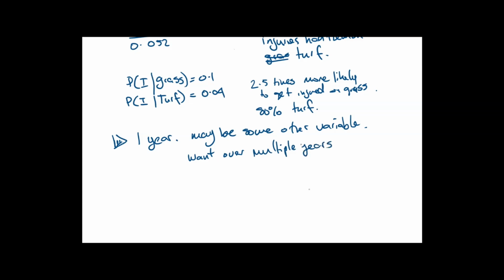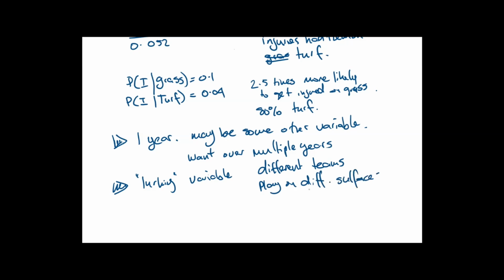So maybe that year there was a lot of rain, so it was really slippy, because you don't slip so much on artificial turf. Okay, that's one thing. There may be what's called a lurking variable as well, and that is maybe the different teams would play on, say, different surfaces.